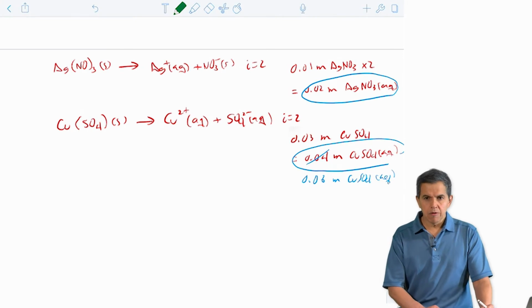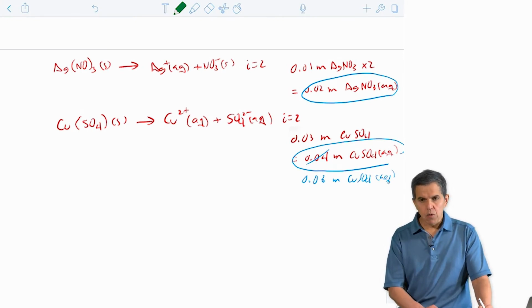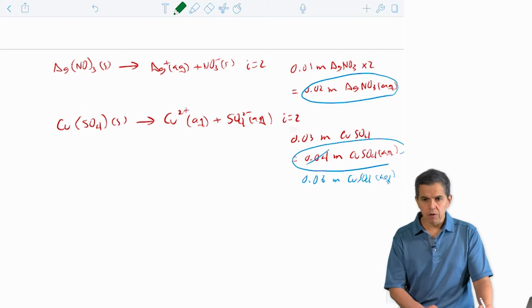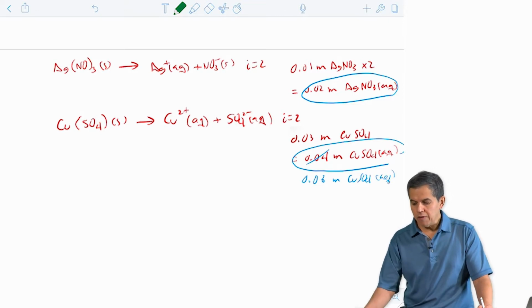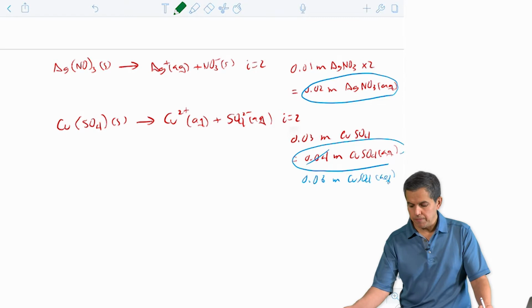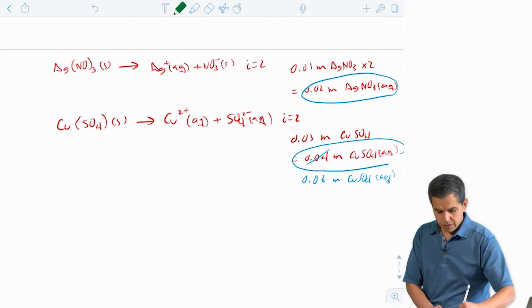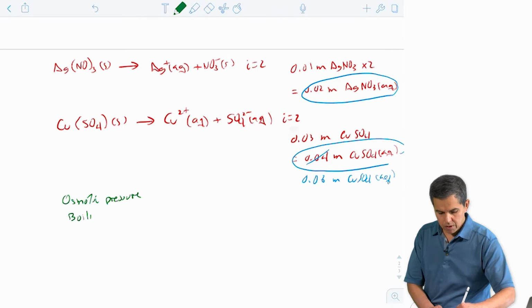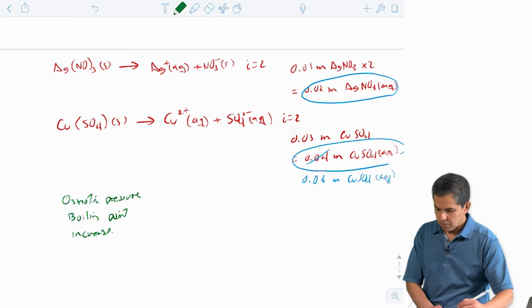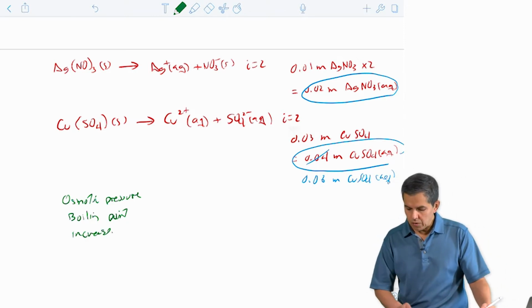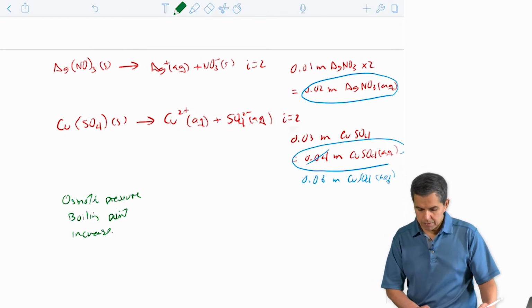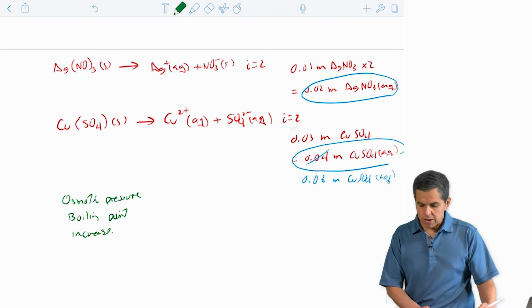Now that we have the concentration of particles for each solution, we can look at the definitions of colligative properties and determine how these are going to be affected by the concentrations. So we need to find those that have the lowest change possible. For osmotic pressure and boiling point increase, we see that the one that has the lowest number of particles is going to be silver nitrate.